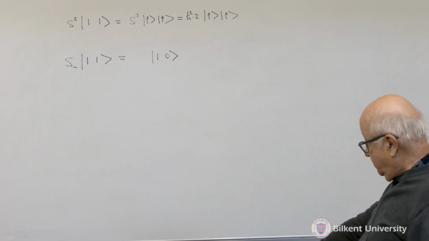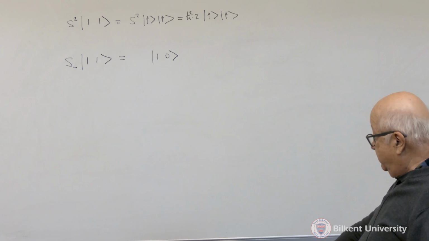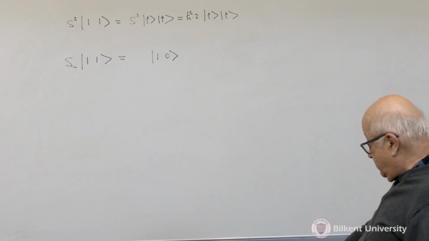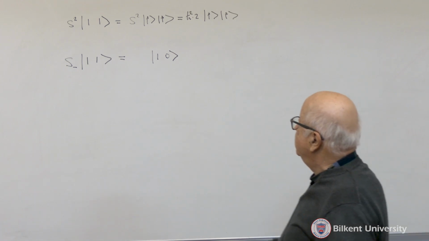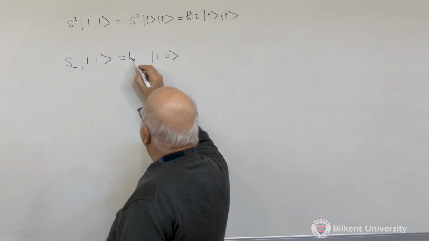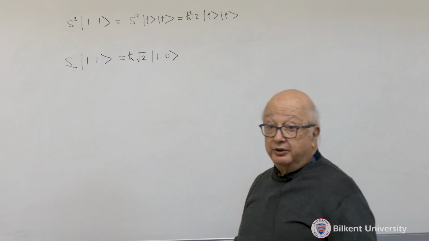Square root of, let's just check. Yes, okay, so lowering MS, there's an H bar and a square root of 2. So that's what I get.